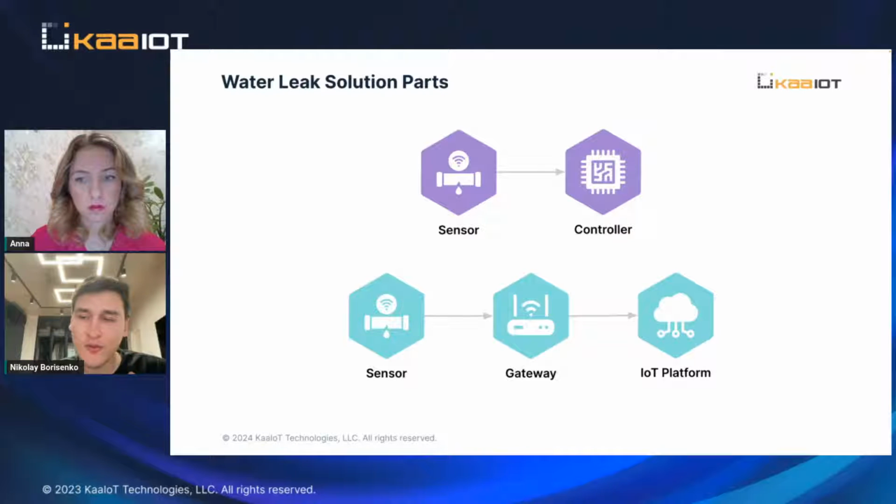For example, if you have an apartment which already has everything installed and you can't do wiring installation, you can't use a controller-based solution. You should see what capabilities you have at your object where you need to install your sensors. But I will explain all of these details in the next couple of minutes.